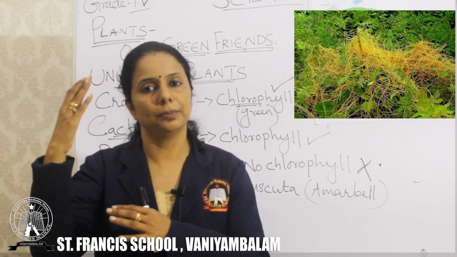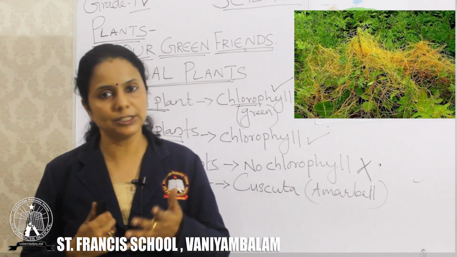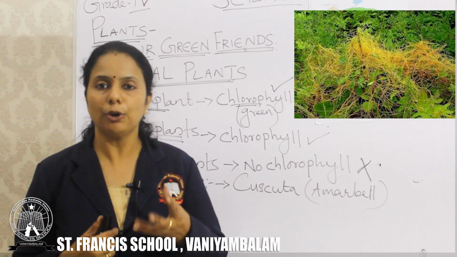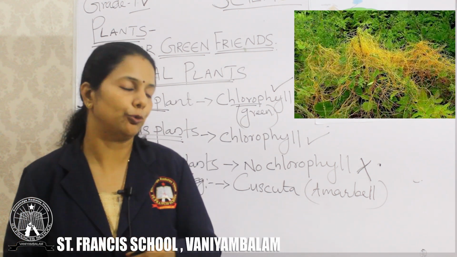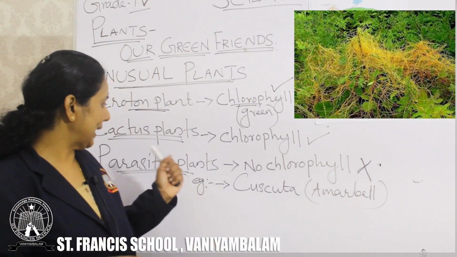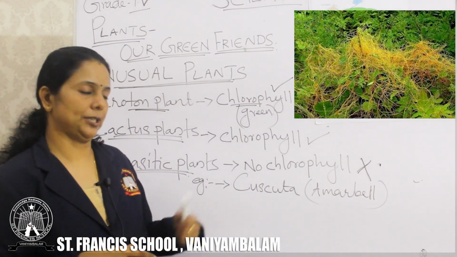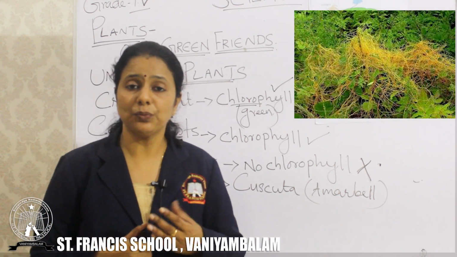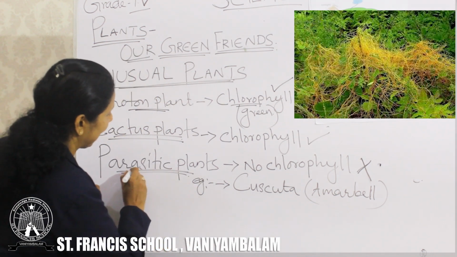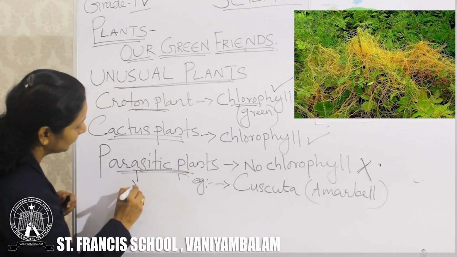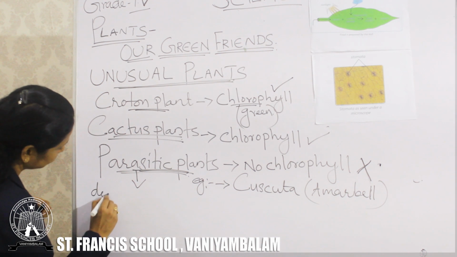That big green tree produces food during photosynthesis, and these parasitic plants take that food from the tree. That is why these plants are called parasitic. They depend on other green plants.